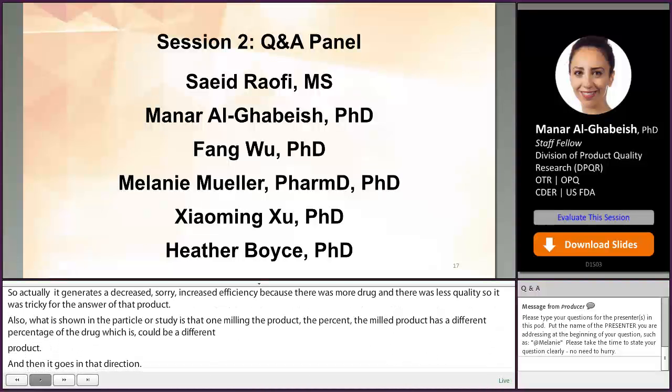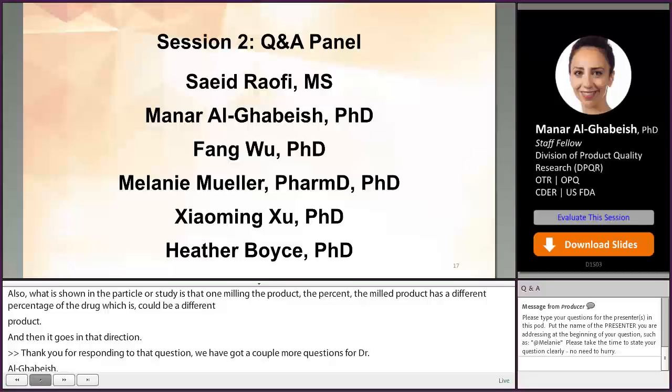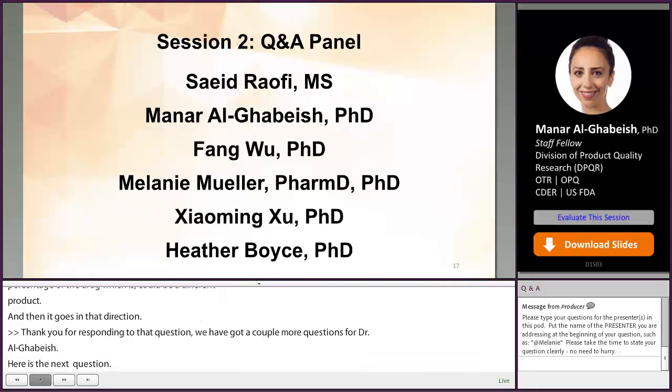If the proposed generic product showed to be superior to the RLD in some of the abuse-deterrent evaluation studies, but failed in one evaluation, can it still be approved?